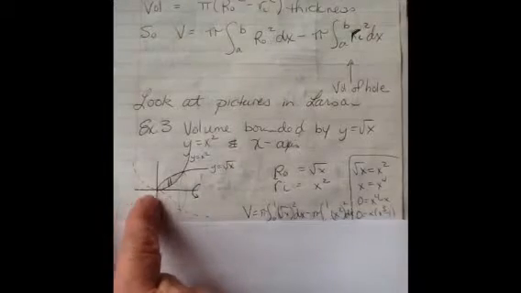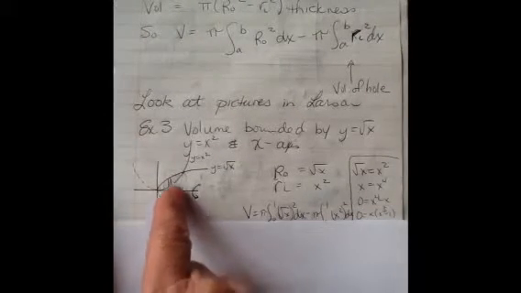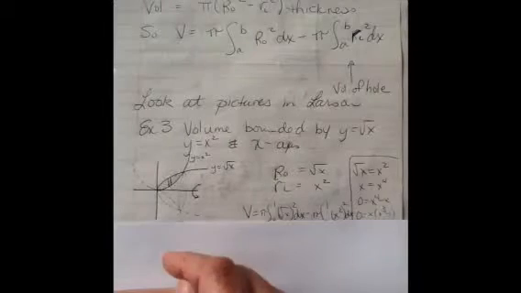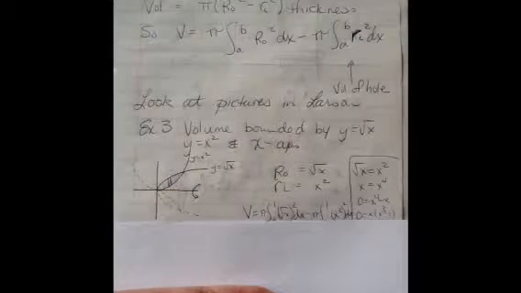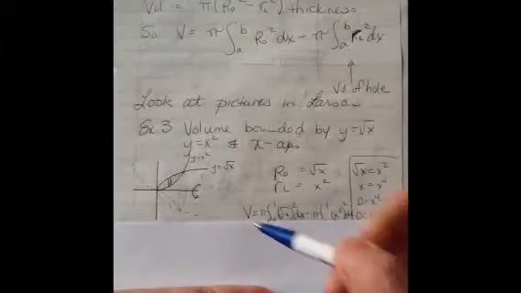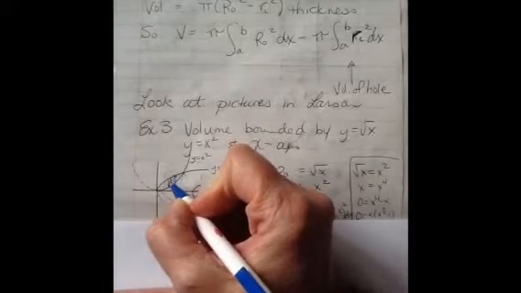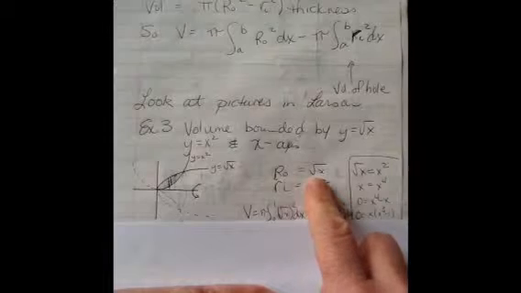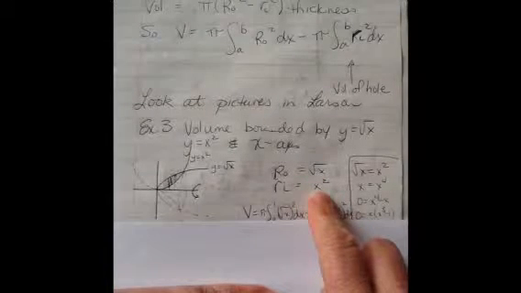And in very light hash marks, it would kind of look like this bowl, not quite a cone, but very close to a cone. And what we have here is what I would call our outer, and this is our inner. So our outer is the square root of x, our inner is x squared.